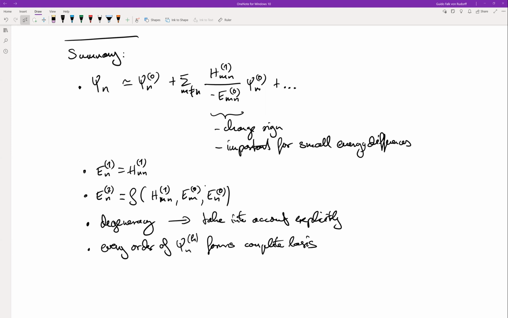And the core idea on how you get there is: you start from Schrödinger's equation, Taylor expand every element, and then collect terms in order of lambda. That's maybe the key takeaway. If you can keep that in mind, then we did something in the past two days.